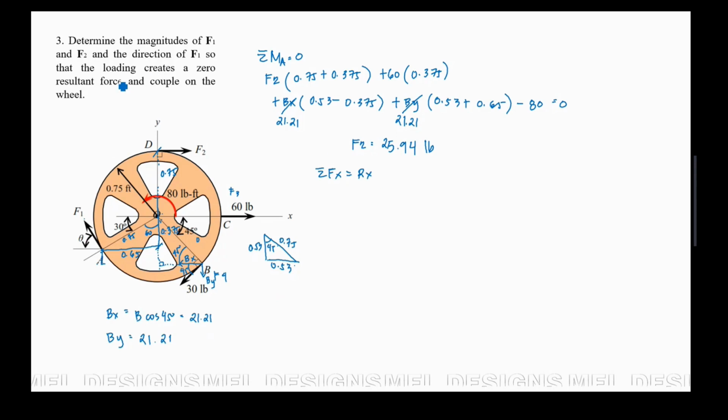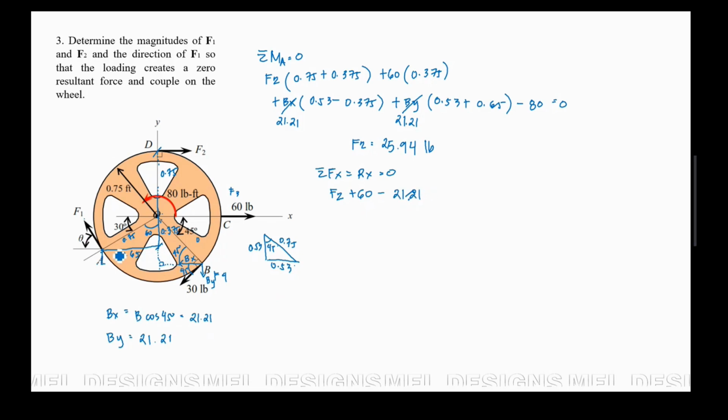And then it says here that the resultant force is equal to 0. Therefore, it is equal to 0. Okay? So we have here F2. All forces along x: F2 plus 60 minus Bx, which is 21.21.